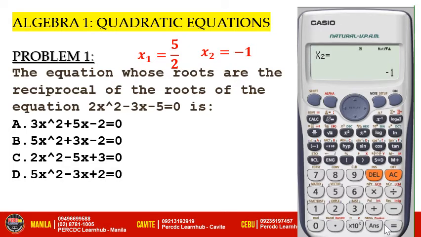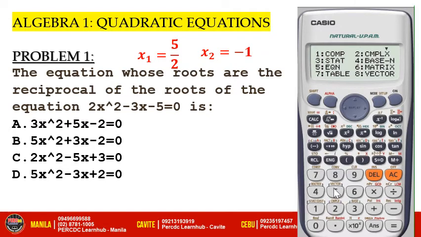Okay na tayo for the given. Nakuha na natin yung roots niya, which is 5 halves and negative 1. And by that, ang hahanapin natin sa choices is yung may roots na 2/5 and negative 1.